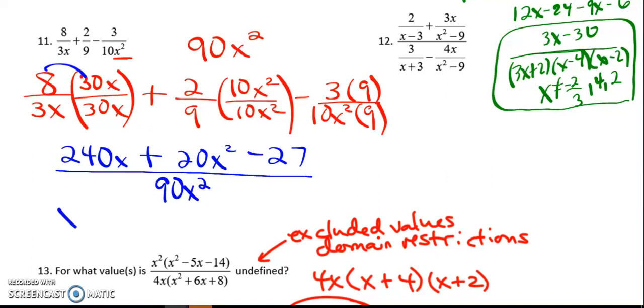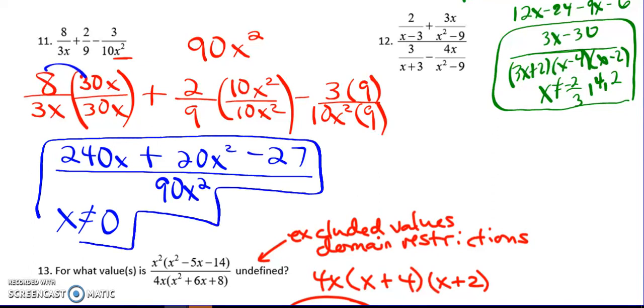In terms of our restrictions, the denominator equal to 0 is just going to give me 0. So my answer here, if you want to put it in standard form with the highest power in front, that works. So 20x squared plus 240x minus 27 is what I'm saying there. But that's fine.